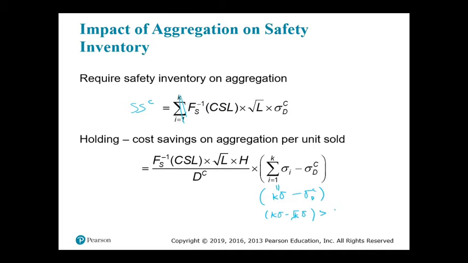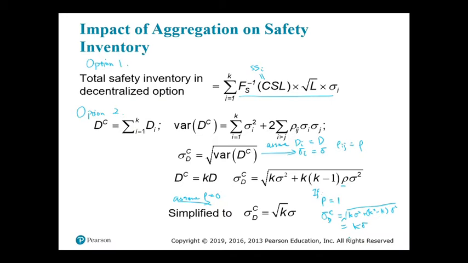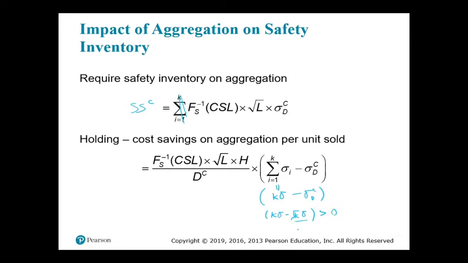And this is obviously greater than 0. So we would achieve a positive saving by aggregating inventory. Now what happens when we have perfectly correlated demand? Then this term becomes K sigma, so the saving becomes 0. Then we don't benefit from aggregation.